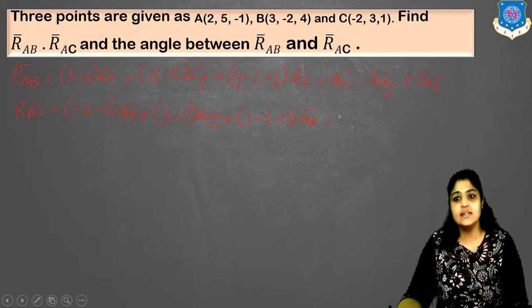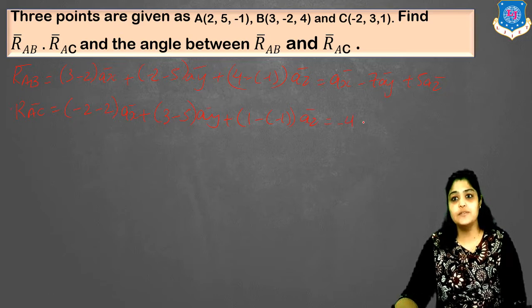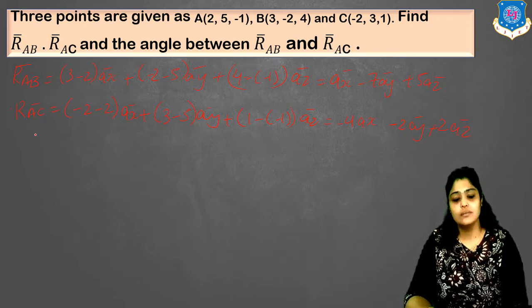This gives us the answer as minus 4AX minus 2AY plus 2AZ.